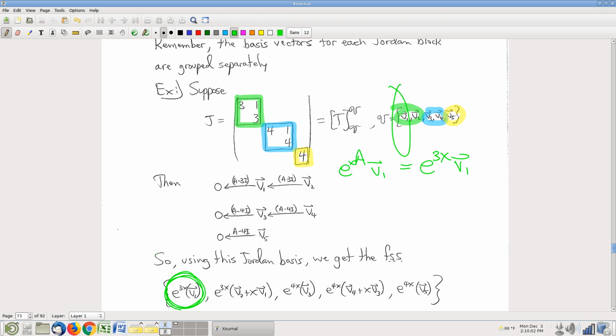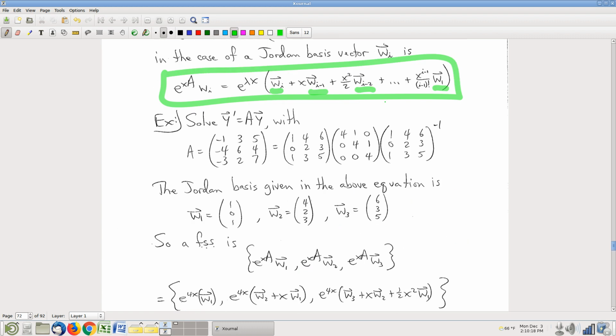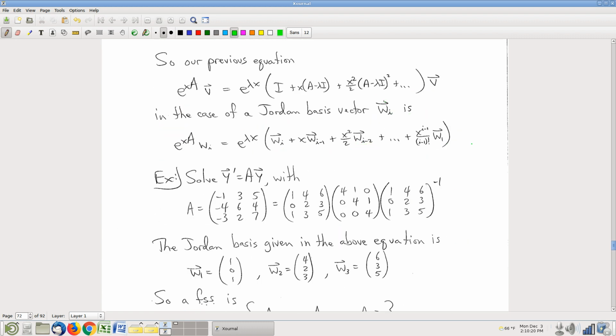Second one, e^{xA} V2. V2 is the second vector of this little list, V1, V2, going up to this formula, starting with number 2. So that's a 2, that's a 1, and we stop.